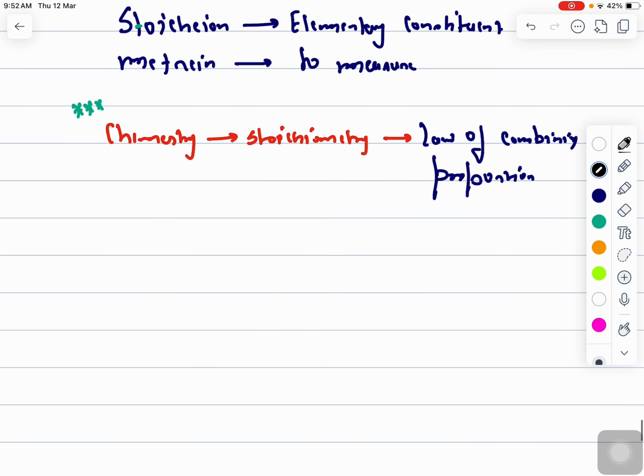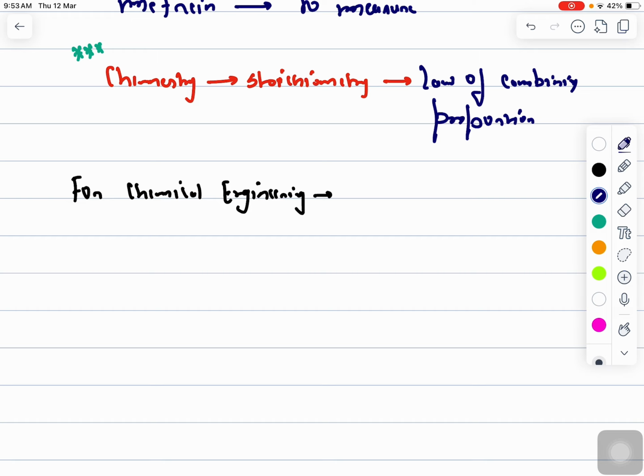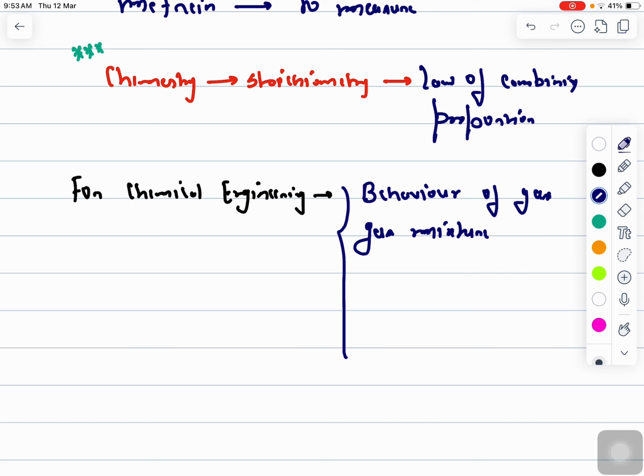for chemical engineering, where you will be dealing with problems in large scale industry, this particular word has a broader meaning. You will be dealing with calculations that involve the behavior of gases, and we will be understanding all these things in the subsequent lectures. Gas mixtures, because you actually deal with real problems in the industry, right?